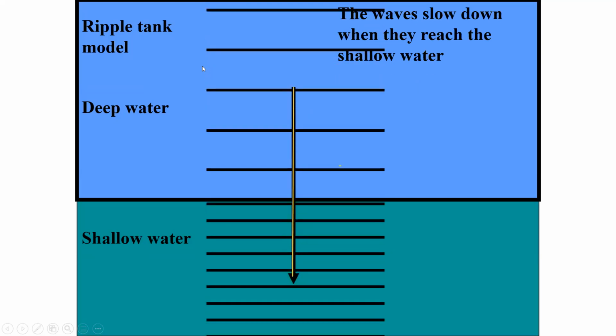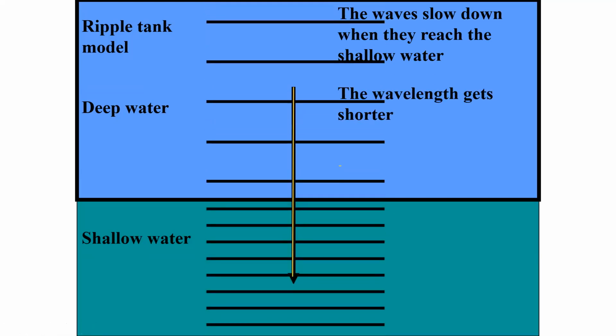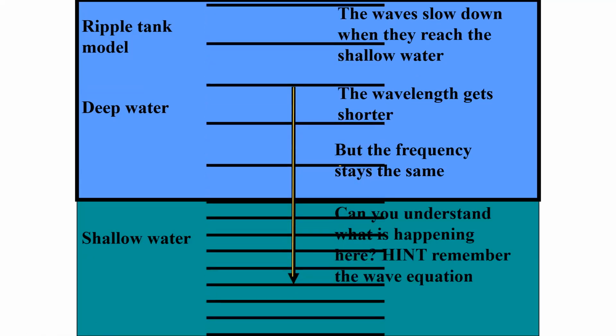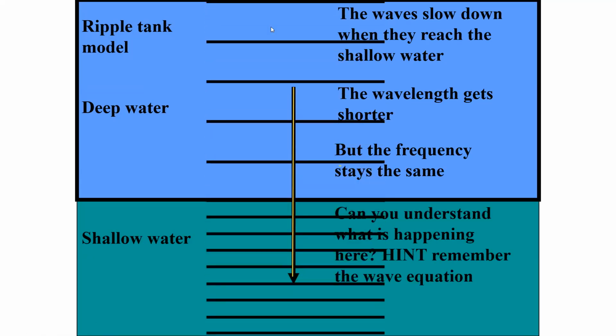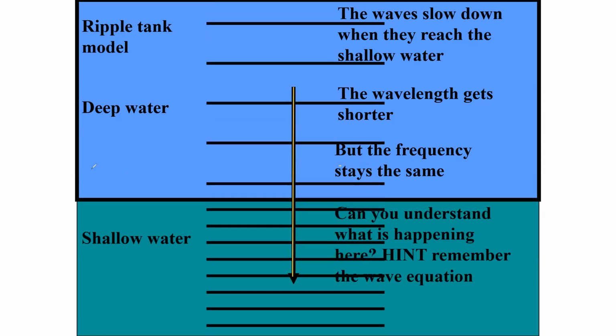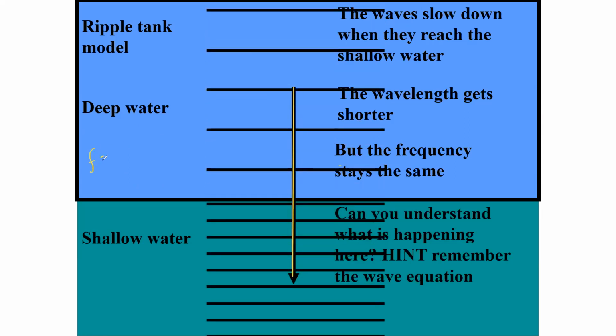So when the wave reaches the shallow region, the wavelength decreases, the frequency remains the same. And you can understand this from the wave equation: v equals f lambda. So f equals v divided by lambda. In a deep region, maybe the speed is 10 and the wavelength is 5, so the frequency is 2 hertz.